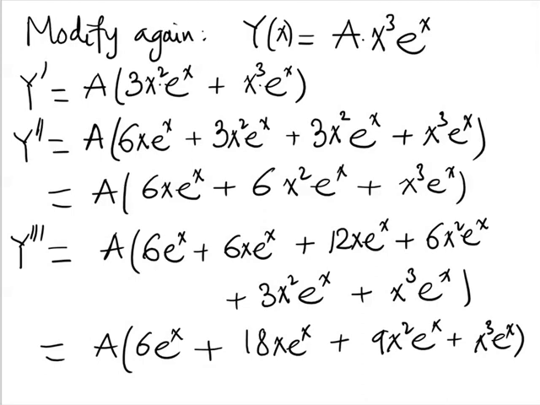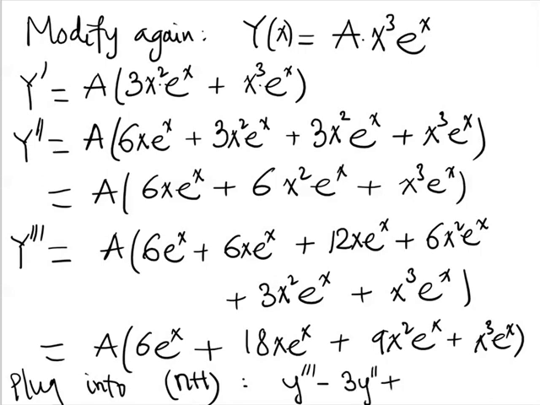Now we need to plug into the equation. Plug into the non-homogeneous equation, which says that y triple prime minus 3y double prime plus 3y prime minus y equals e to the x.